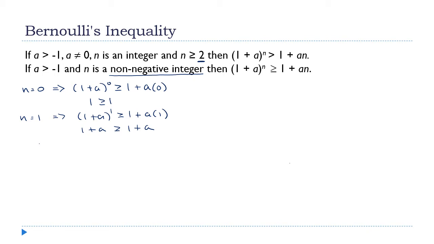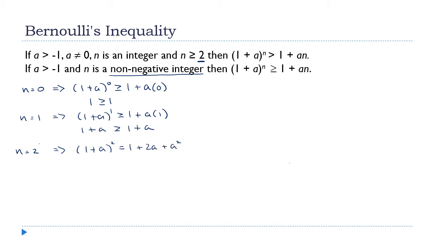Now, when we get up to 2, we can tighten things up, and we're able to do a strict inequality. So let's see this for n equals 2. If I put 2 in here, this is (1 plus a) squared. That's the left side. Now let's multiply this out. This is 1 plus 2a plus a squared.